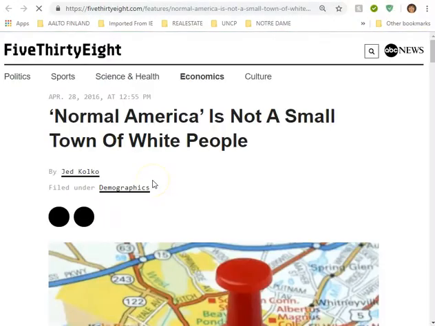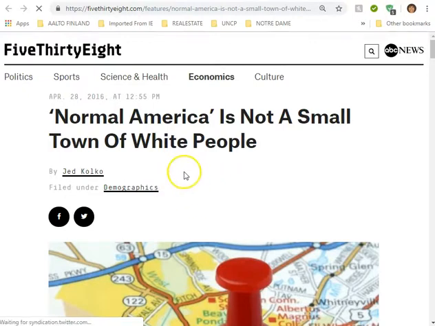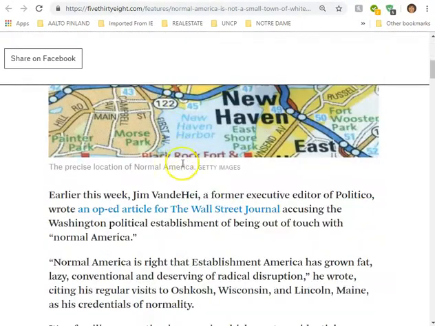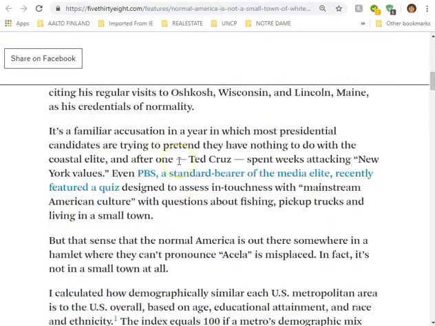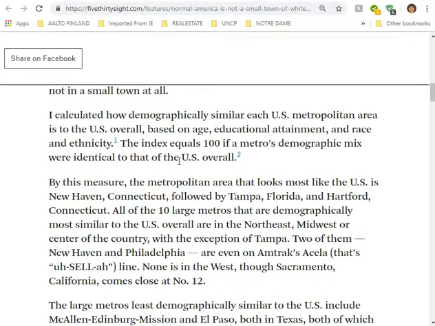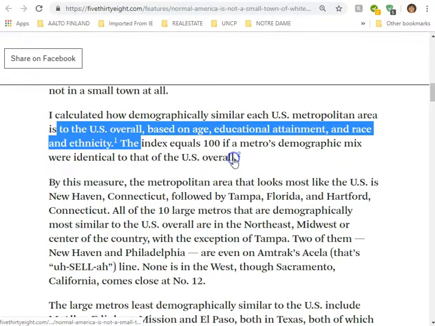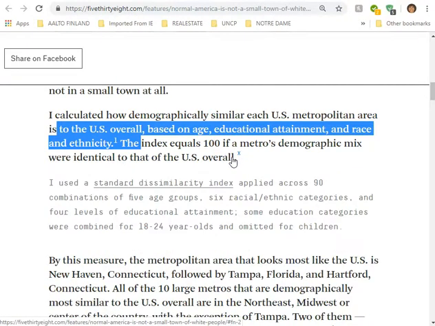Finally, there's a 538 article that's kind of interesting here about what the average town actually looks like. What they found here is, again, an index equals 100 if it is identical to that of the US overall.